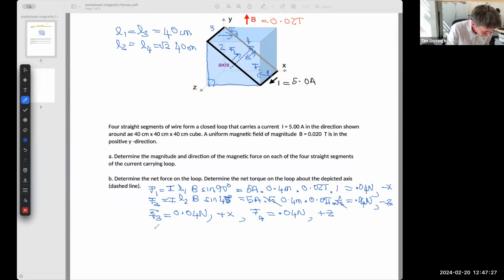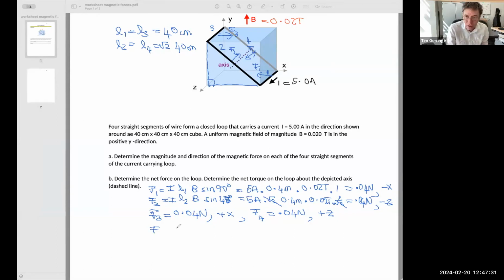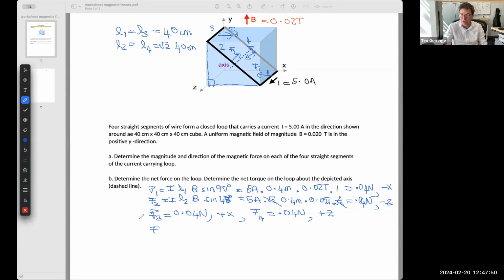So in general, if I wanted the resulting force on the rectangular loop, I'd want to compute it by thinking of its components in the x direction, its components in the y direction, its components in the z direction, adding up all the individual force components in the x, y, and z directions to get the total force in the x, y, and z directions.